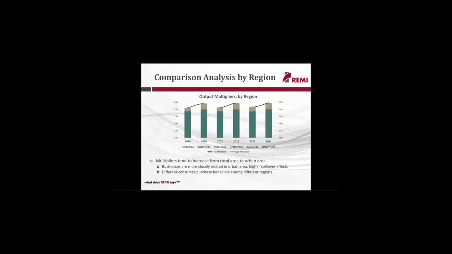So with more factories and equipment in urban areas, regional demand for goods or services can be fulfilled more easily by regional production as opposed to being fulfilled by imports from other regions. So in this case, the urban area has more business-to-business activities through the supply chain, which can generate higher spillover effects. Also, different consumer purchase behaviors among different regions can help explain this.